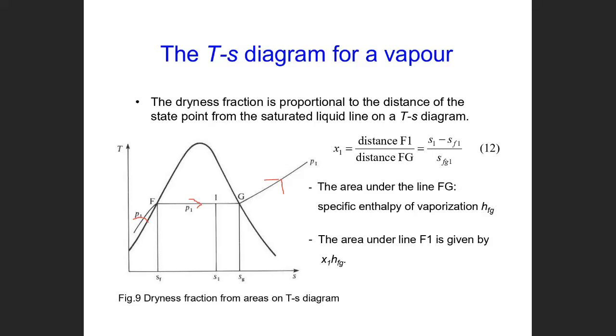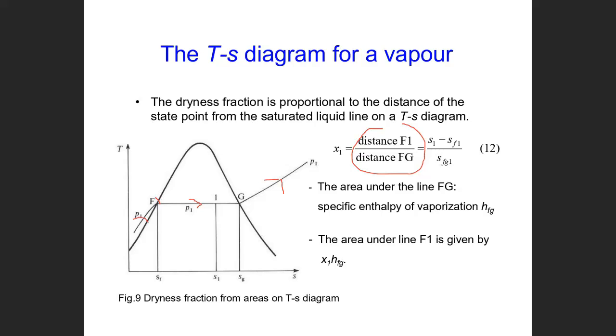For the heating process, the entropy will increase. And for the dryness fraction, the calculation here again can use the distance of f1 over the distance of fg. So we can use the distance ratio to calculate the dryness fraction.